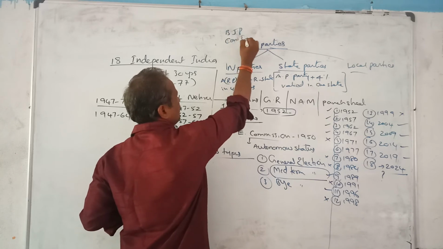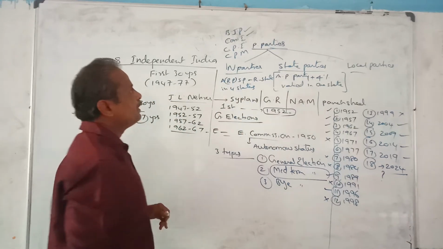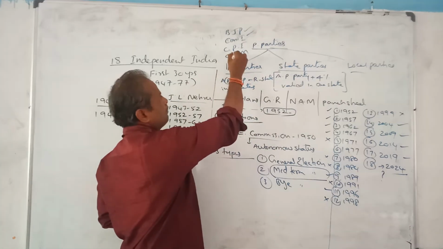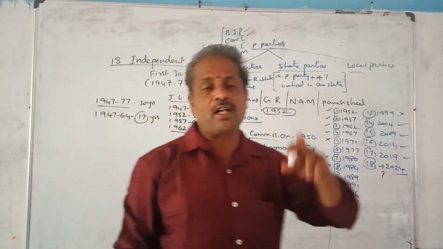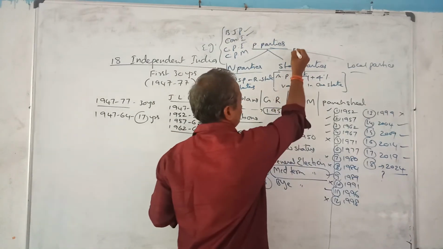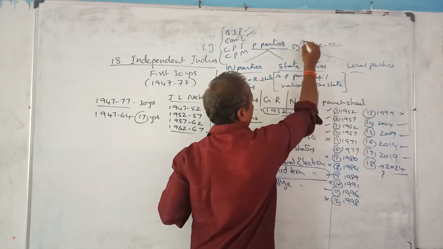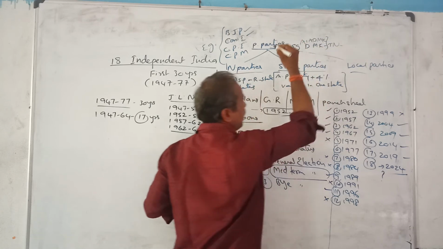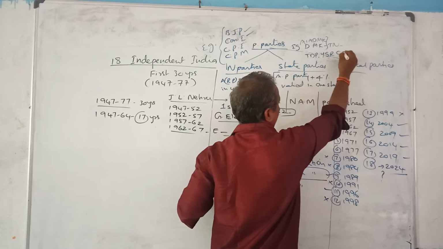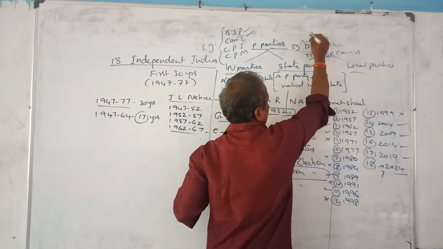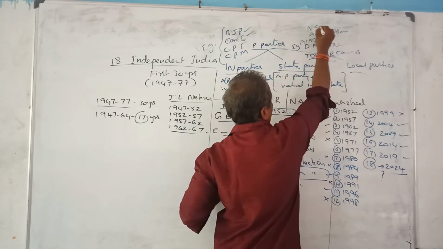Suppose we see examples of national parties: BJP, Congress I, CPI, CPM, that is, Bharatiya Janata Party, Congress I Party, Communist Party of India, Communist Party of India Marxist. All these are examples of national parties. A national party is also called a union party. Whereas in state parties, we have Dravida Munnetra Kazhagam Party in Tamil Nadu, All India Anna Dravida Munnetra Kazhagam Party also in Tamil Nadu, Telugu Desam Party and Yuvajana Shramika Raitu Congress Party in Andhra Pradesh, Asom Gana Parishad in Assam, and Jammu and Kashmir National Conference in Jammu and Kashmir.